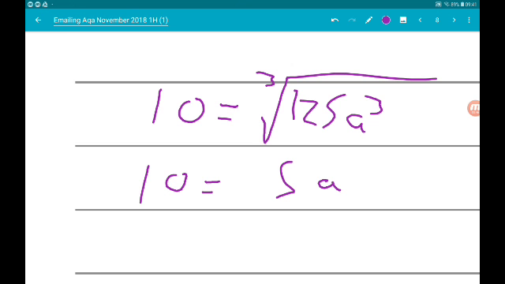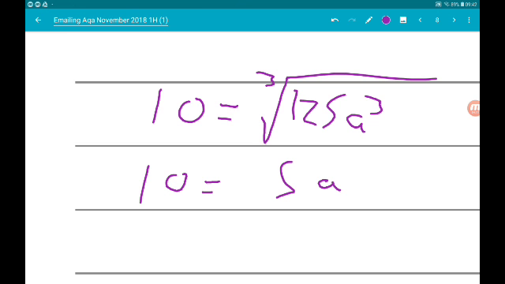Now the only reason that we can do it like that is because 125 is multiplying a cubed. So in that first square root on the left, where we had the square root of 6 squared and 8 squared, we couldn't just cancel out the squares because the terms were adding together.